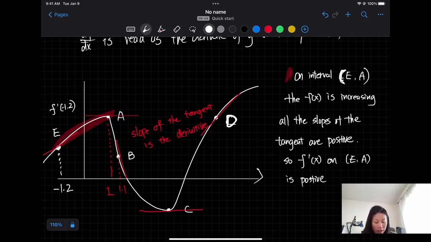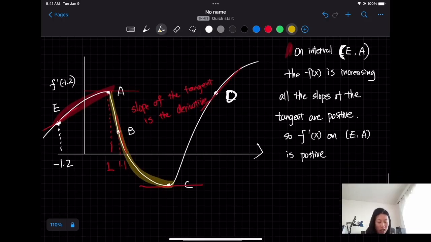Okay, and now take a look at this part. From A to C, on this interval, the function is decreasing.